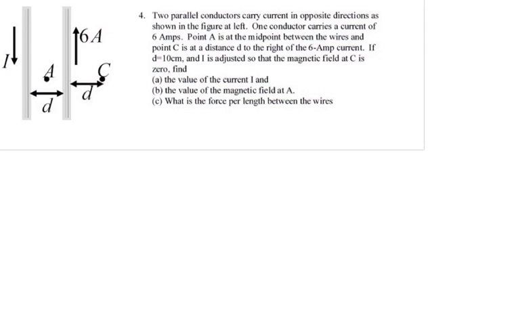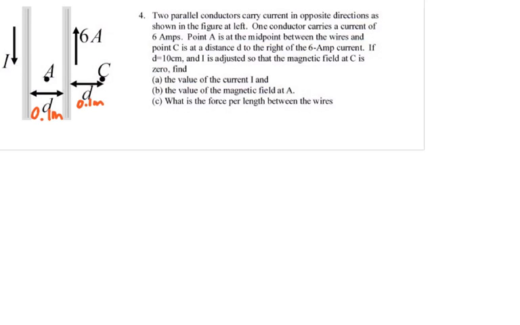Alright, so we have these two wires, and we have them separated by a distance d, which is 0.1 meters. And point C is also 0.1 meters to the right of the second wire, which is 6 amps.